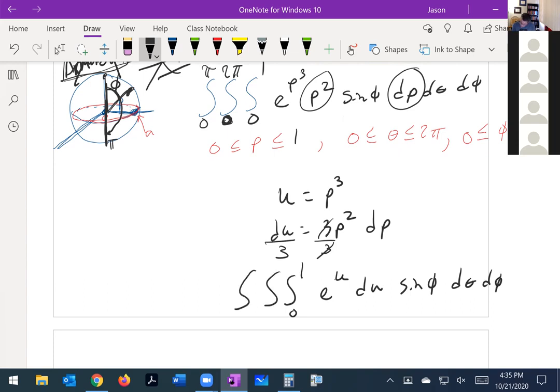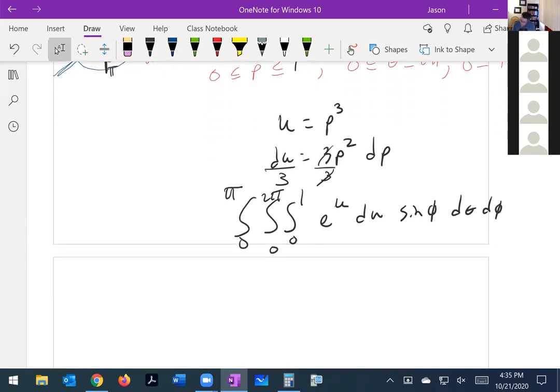This is going to go from 0 to 2 pi, and then from 0 to pi. Okay, so we have e to the u du sine phi d theta d phi.